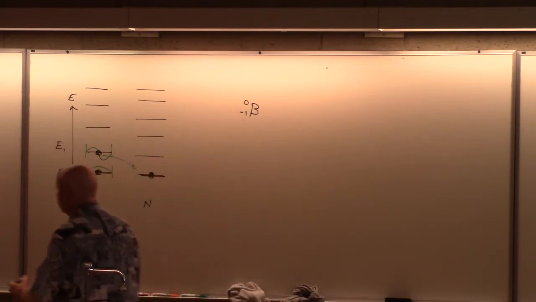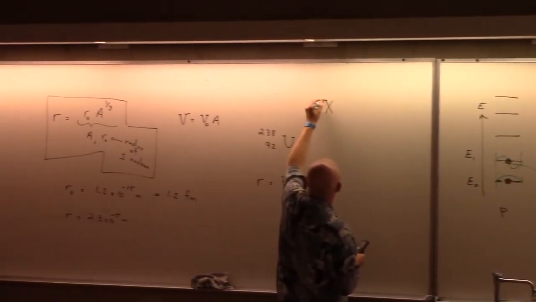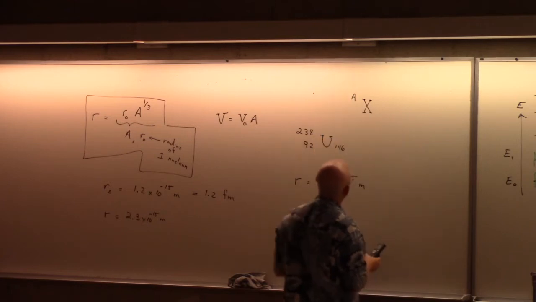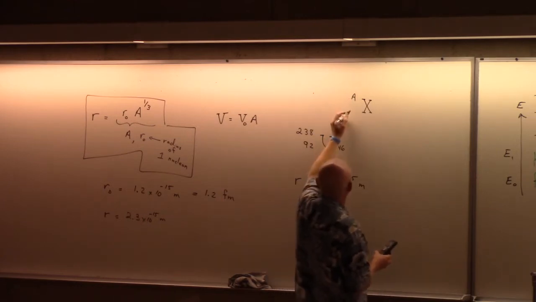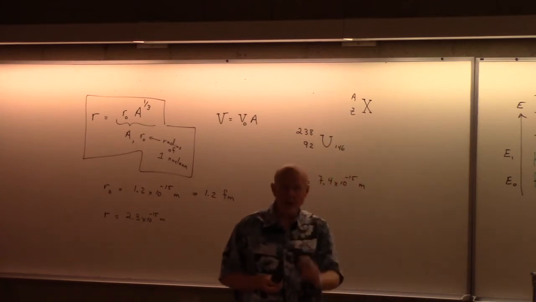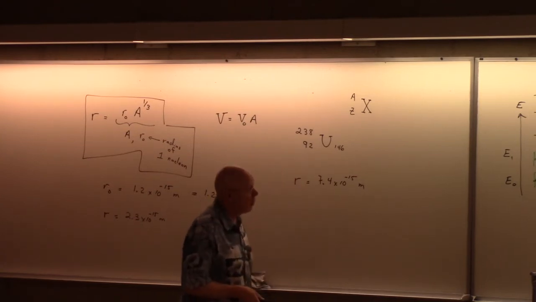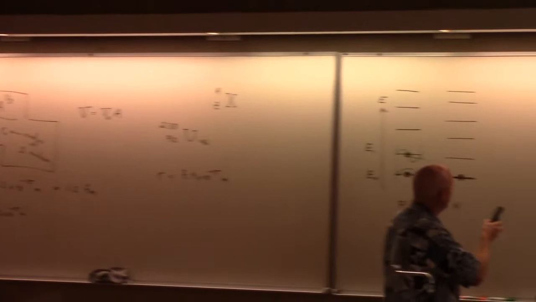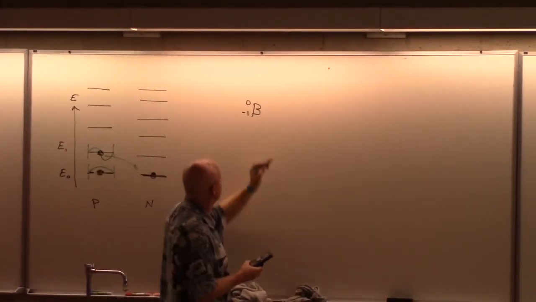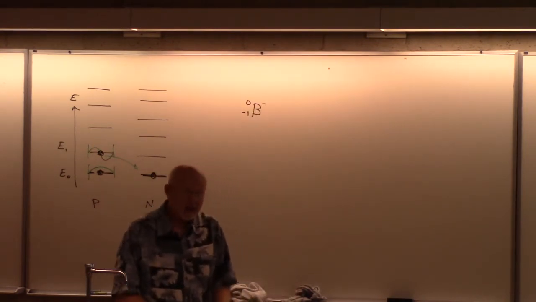Now, I guess I've erased it over here, but you remember our general symbol is like this, an element where the number of nucleons go here, and the atomic number, that's the number of protons, go here. Okay? So why do we give it this symbol? Well, we give it this symbol because really what a beta particle, or a negative beta particle, is, it's really an electron.